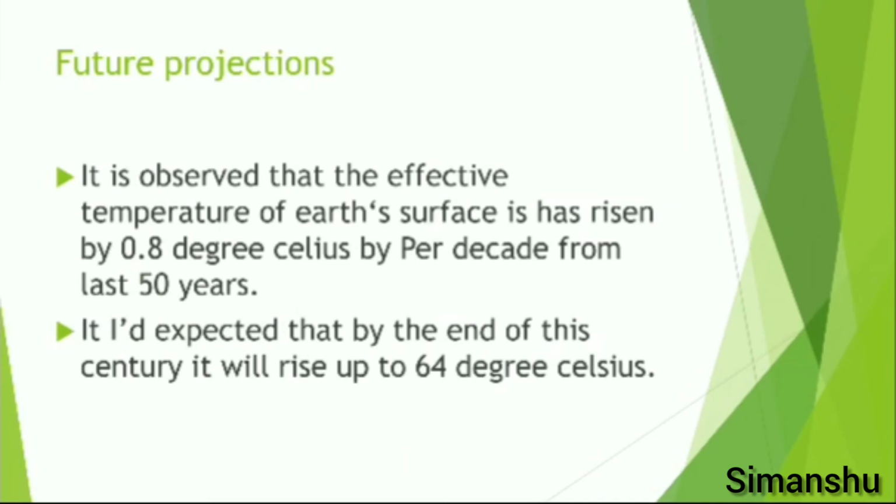On the basis of this trend, it is expected that it will become 64 degrees Celsius by the end of this century. Why is it happening? Because of excessive emission of greenhouse gases. And out of these gases, the main gas responsible for the rise in temperature is carbon dioxide.